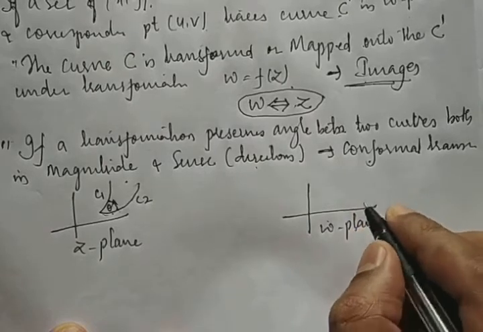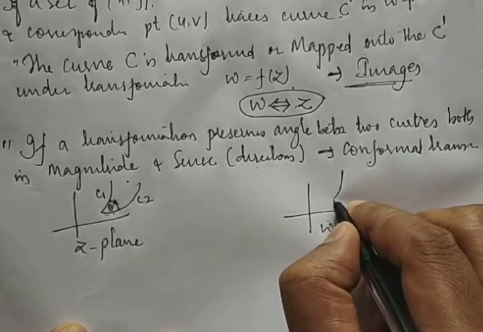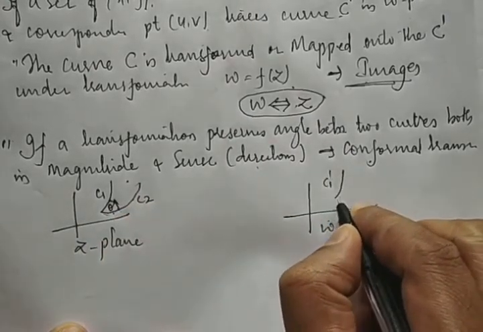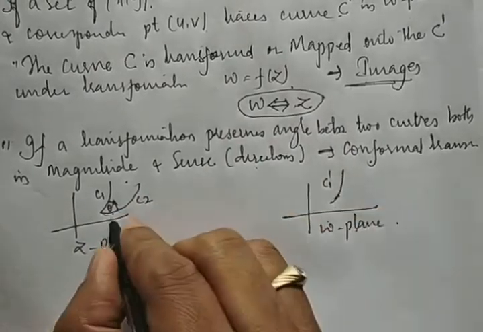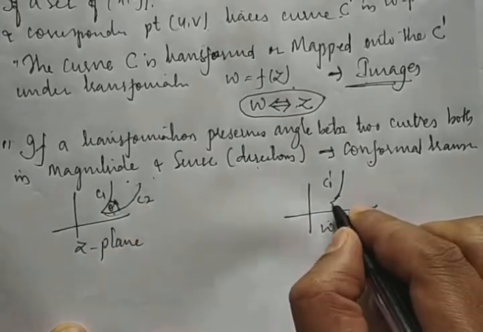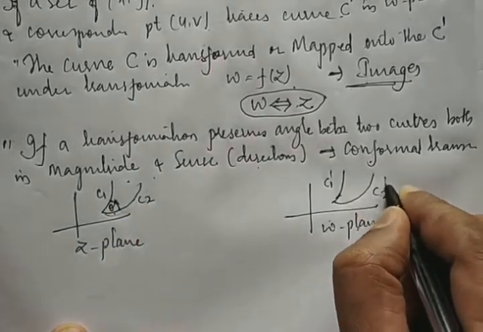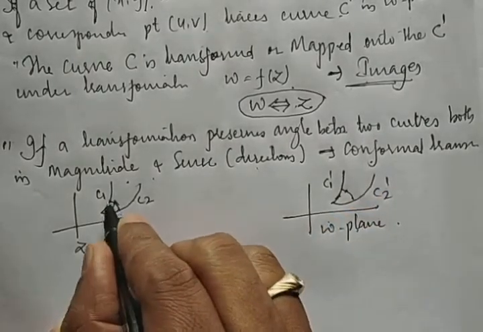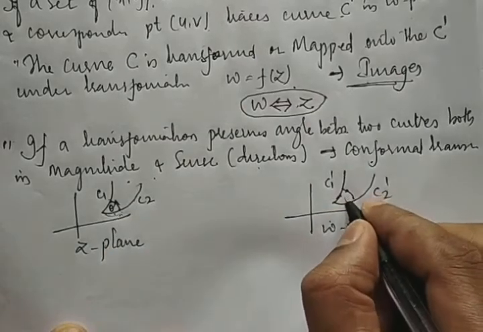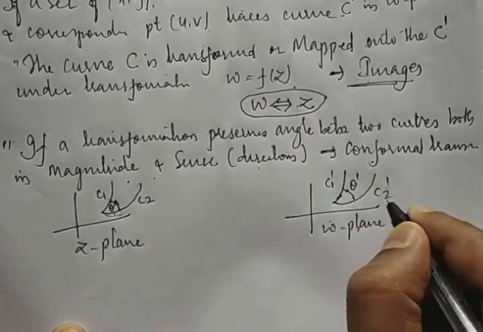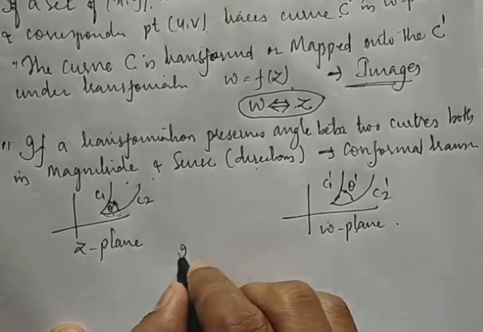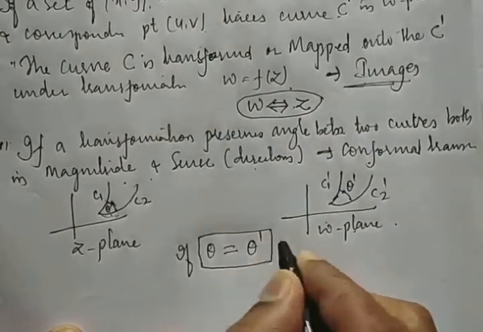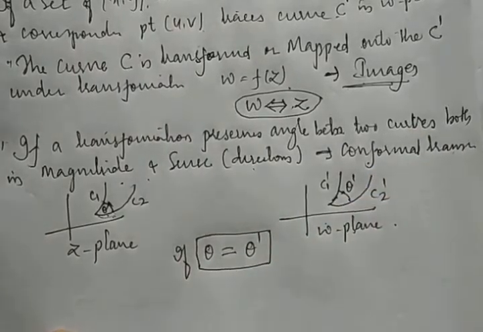Suppose we draw C1 here; its impact will come as C1 dash in the other plane. If you draw C2 in the Z plane, its impact will come as C2 dash in the other plane. Since we have an angle theta between two curves, here it will be taken as theta dash. If theta is equal to theta dash, then we call it a conformal transformation.